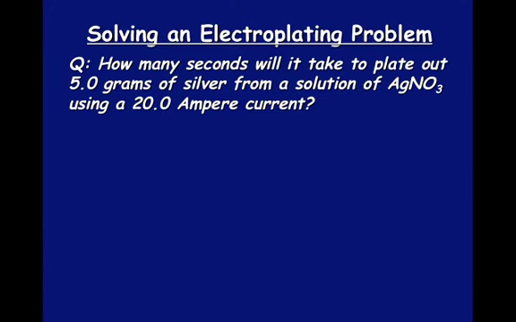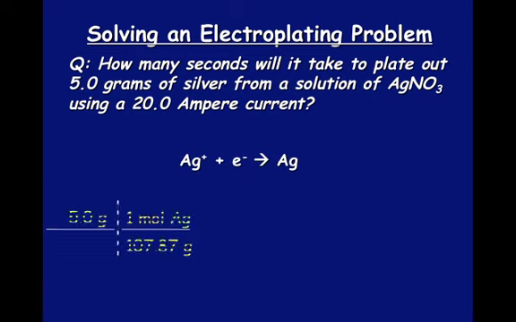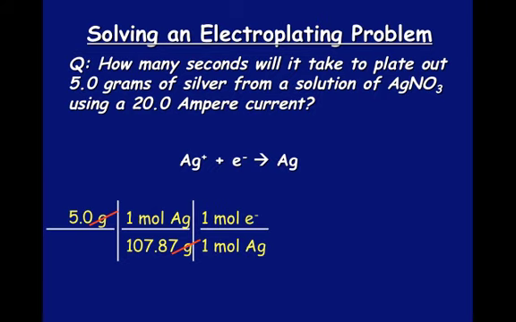So here's an example, solving for how many seconds it will take to plate out 5 grams of silver from a solution of silver nitrate using 20 amp current. So we know our reduction is this. So 5 grams divided by the molar mass gives us moles of silver. Then the mole ratio of electrons per mole of silver is a 1-to-1 from the reaction.